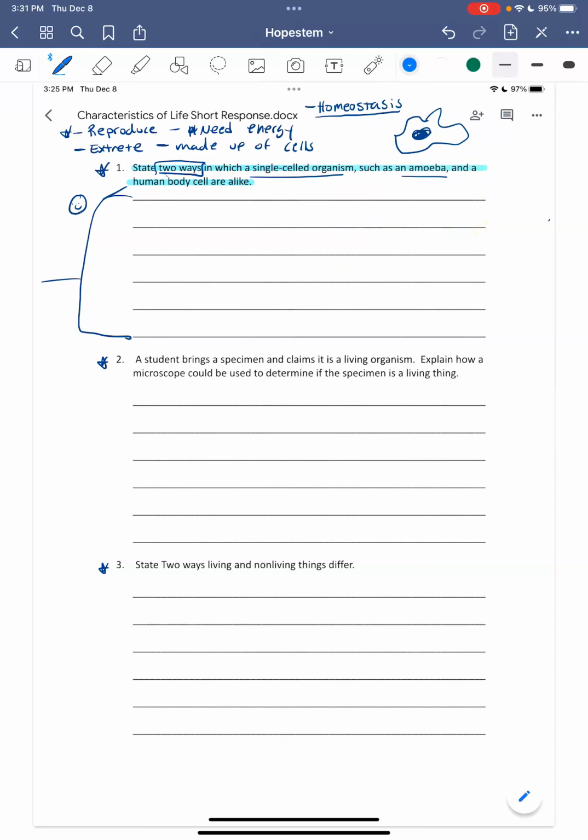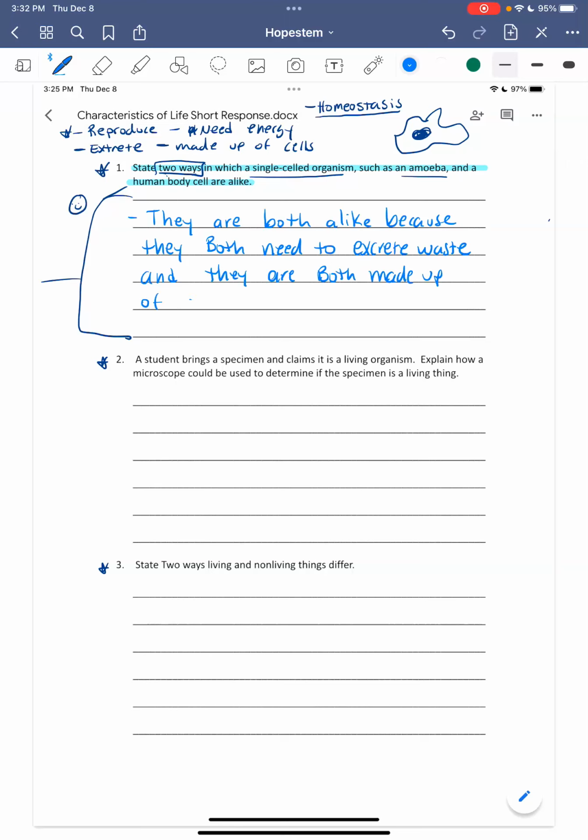State 2 ways in which the single-celled organisms, such as an amoeba and a human body cell, are alike. So you can say they are both alike because they both need to excrete waste and they are both made up of cells.